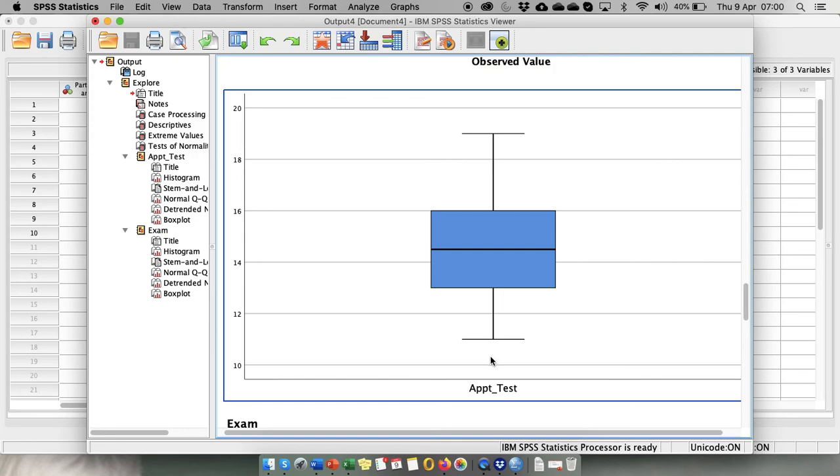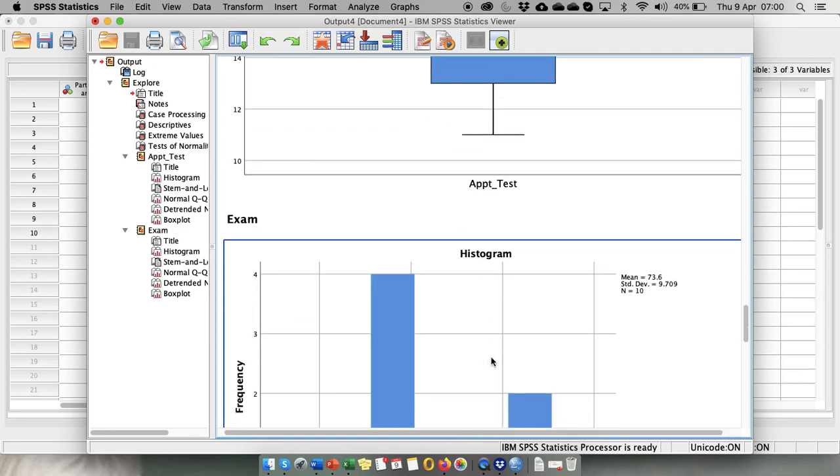If it's a circle, that means the outlier is considered using the 1.5 rule, and many researchers argue that those people are not really outliers. If the outlier is denoted by a little star, it's best to remove that outlier from the dataset. But in here, there is no particular problem.